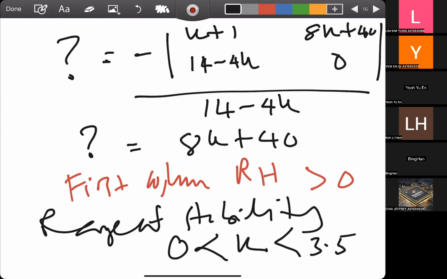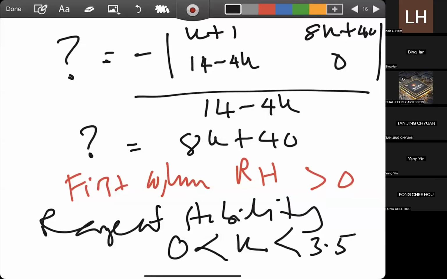So if K is equal to 4, is it stable or not stable? Not stable, less than 5. Okay.